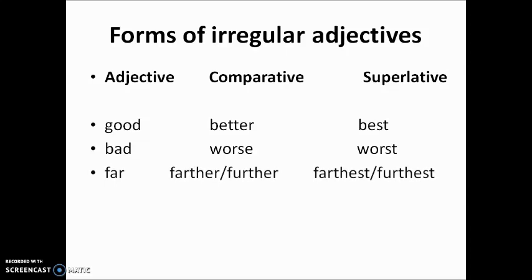Far, it has 2 forms, farther or further, and in the superlative form it becomes farthest or furthest. And the last adjective, much or many, it becomes more in the comparative and most in the superlative.